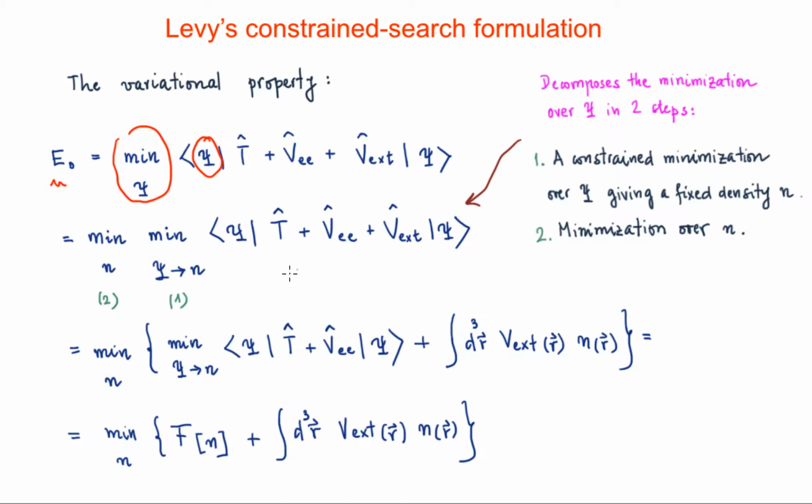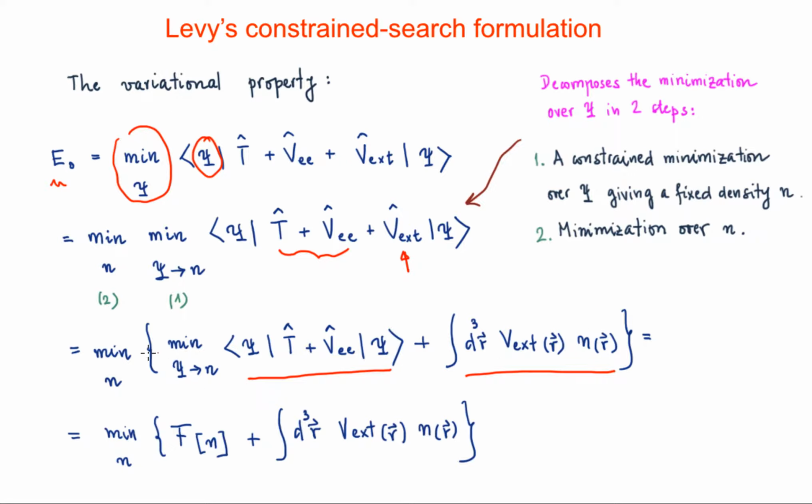Then we separate the total Hamiltonian into two different contributions. One is associated to the universal functional of the electronic contribution, and the second just depends on the external potential. If you split this average in two contributions, the first comes from the first two terms that depend on the electronic properties, and the second is the one associated to the external potential, which you can easily see depends just on the electronic density.